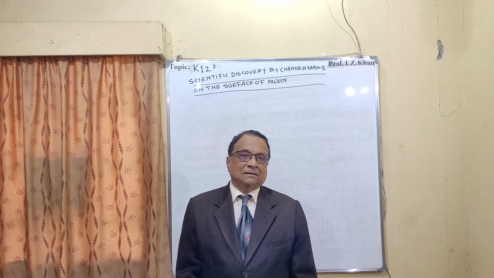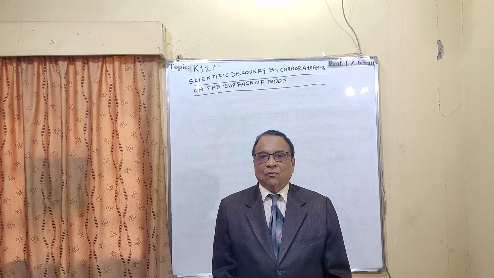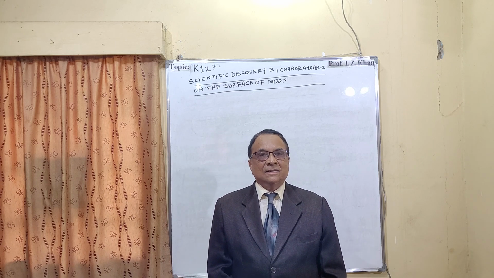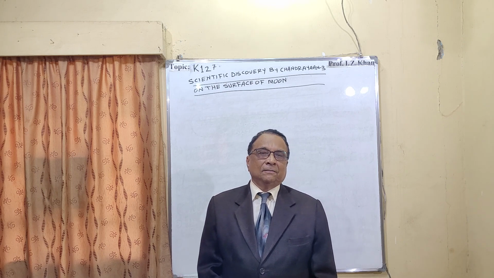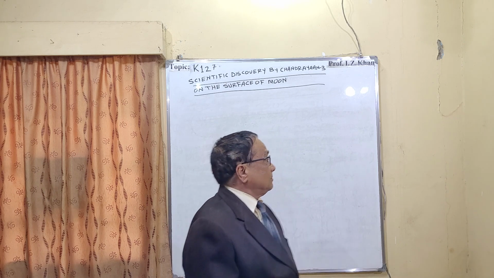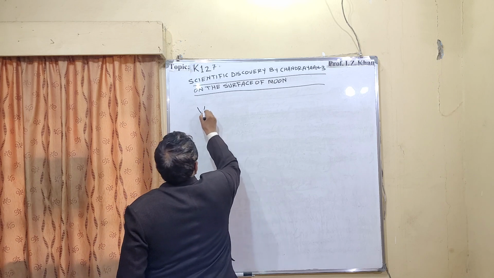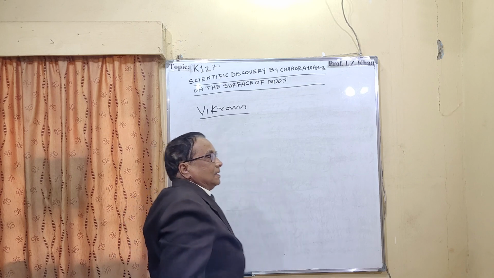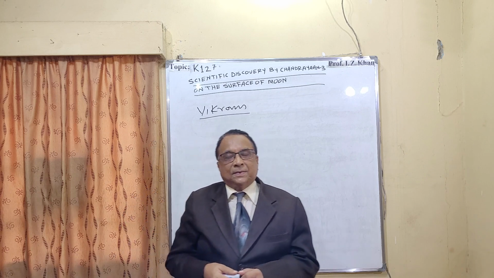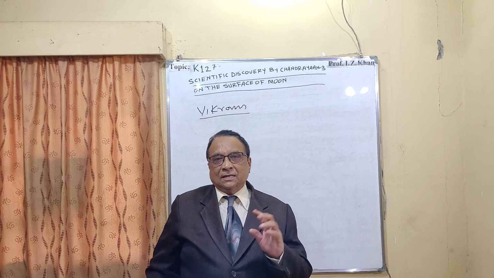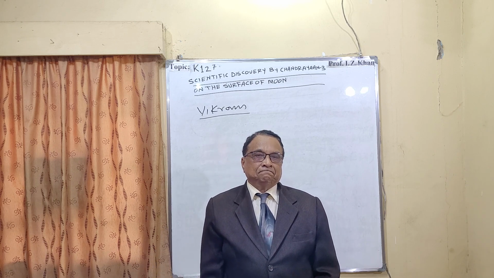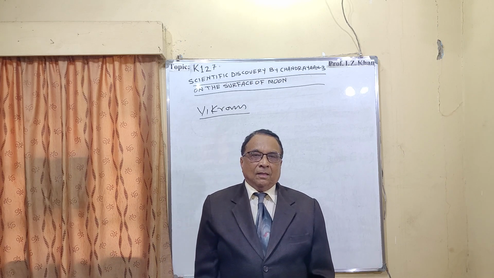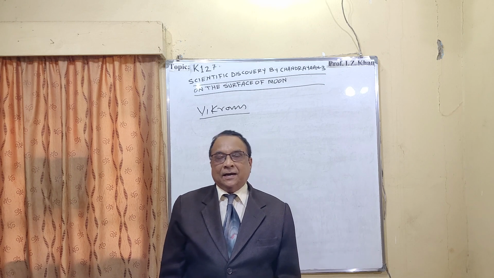Vikram landed on the surface, and the word Vikram is an Indian Hindi name, or we can say Sanskrit. Actually, this word is derived from Sanskrit, meaning energy, and also Vikram Sarabhai was one of the top space scientists in India.